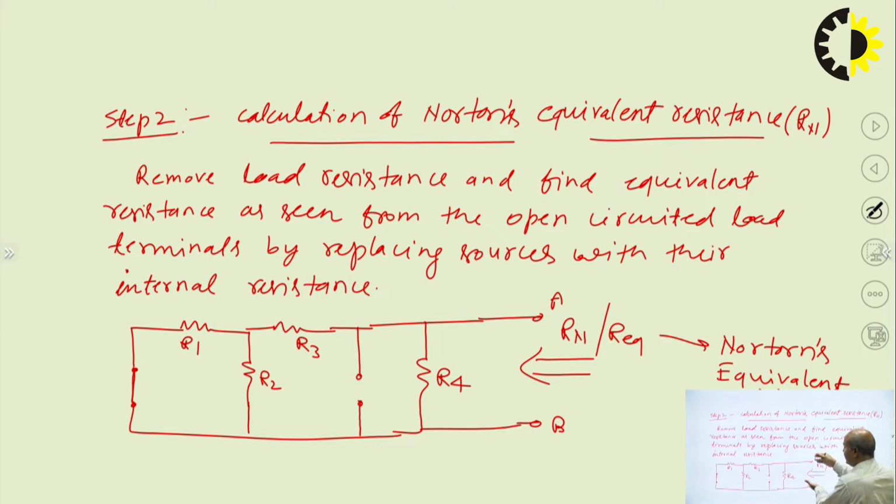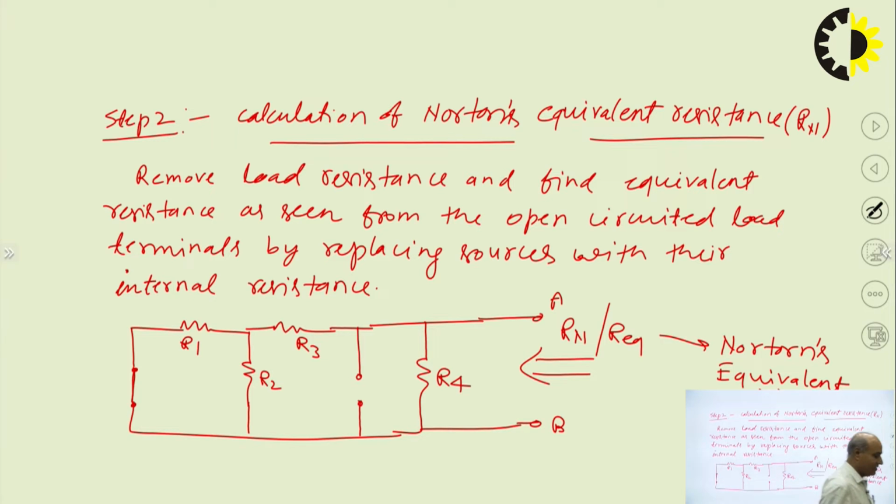Now we can very easily calculate the equivalent resistance between these two terminals looking inside that circuit, and we can see that R1 and R2 are in parallel, and the equivalent of R1 R2 is R1 R2 upon R1 plus R2, and this will be in series with R3, and again we will get R3 plus R1 R2 upon R1 plus R2, and this whole equivalent resistance will be in parallel with R4.